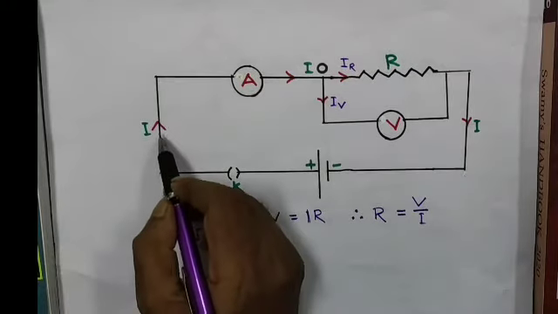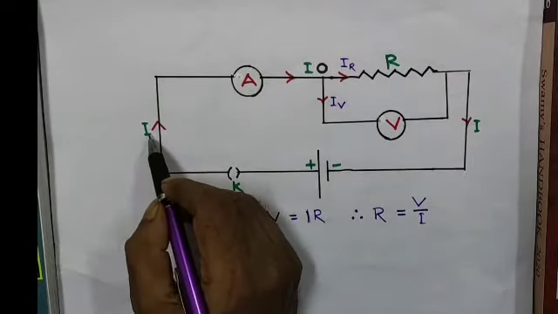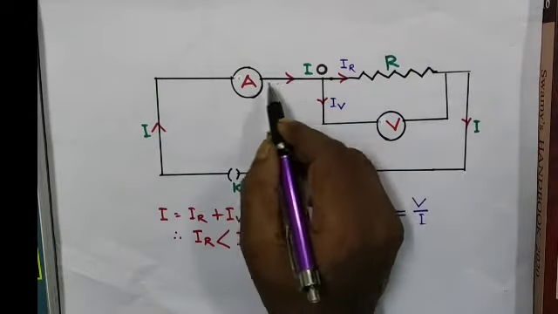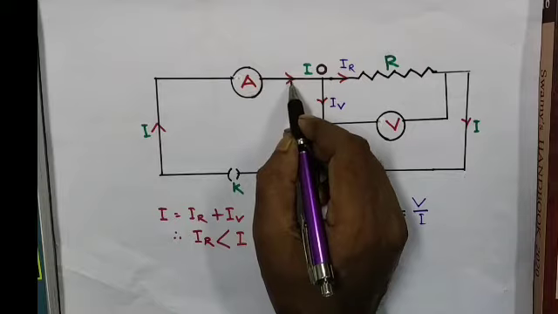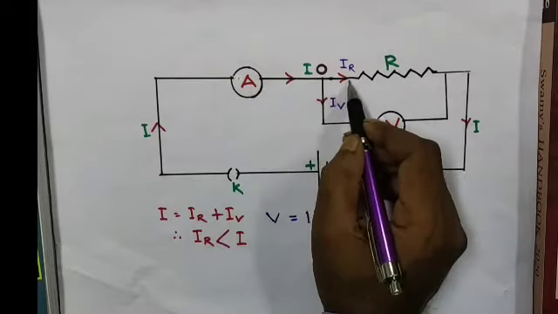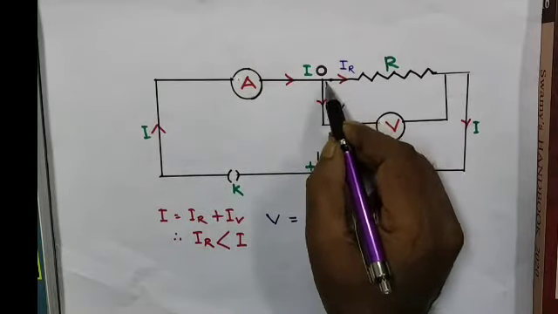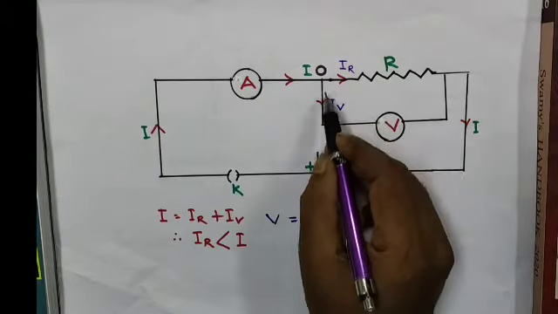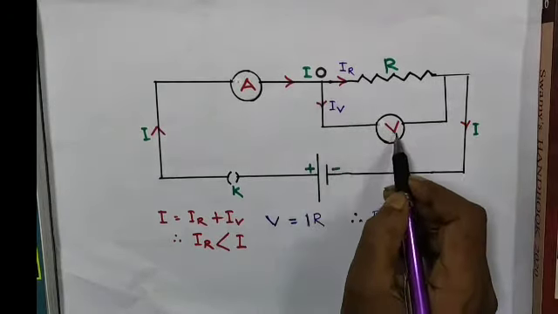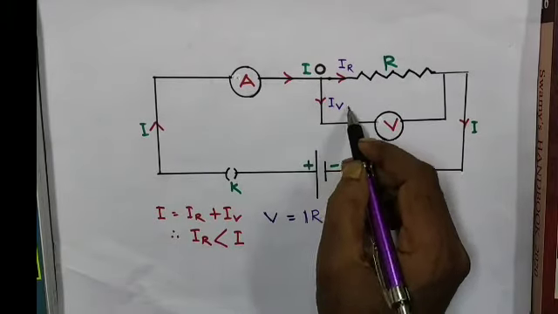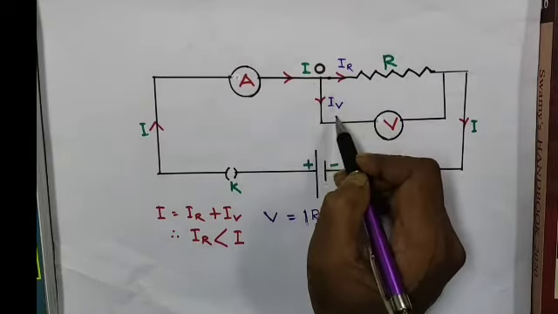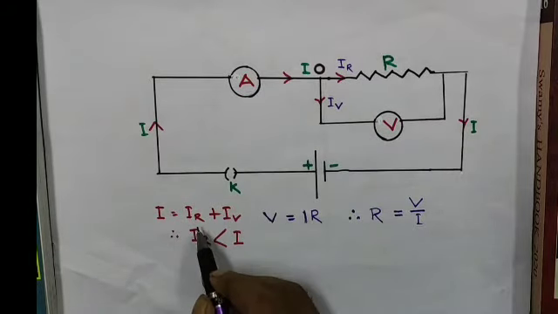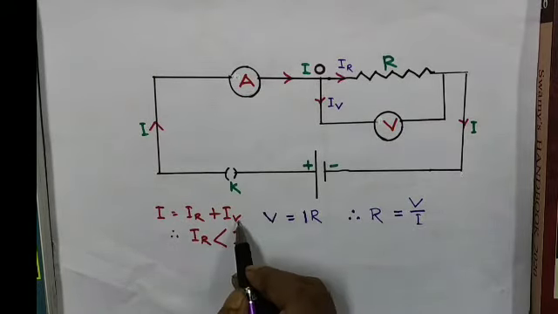Here we can see the main current is I. It passes through the ammeter, and after that it is divided into two parts. One goes through the resistance, that is IR, and the other part goes through the voltmeter, that is IV. So I is equal to IR plus IV.